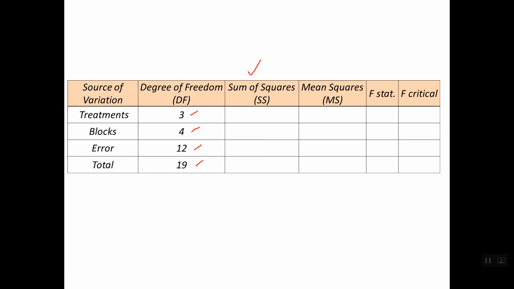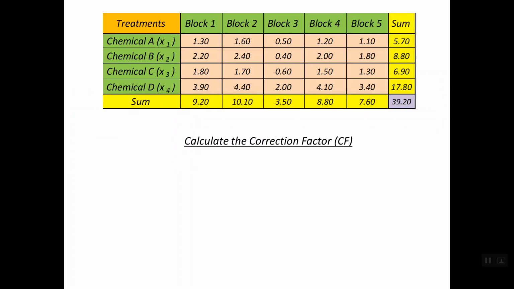Notice that almost the great time is consumed by using the formulas to calculate the SS. Before starting the calculation for the SS, first we can simply calculate the correction factor.